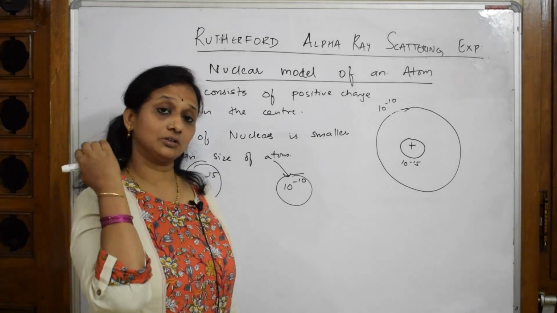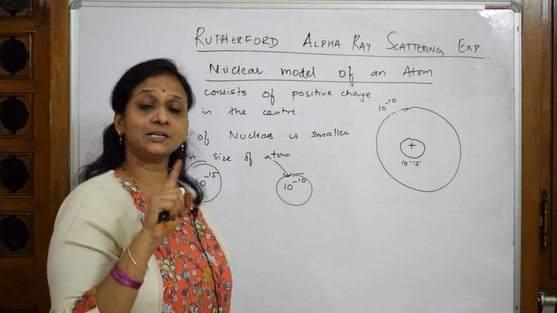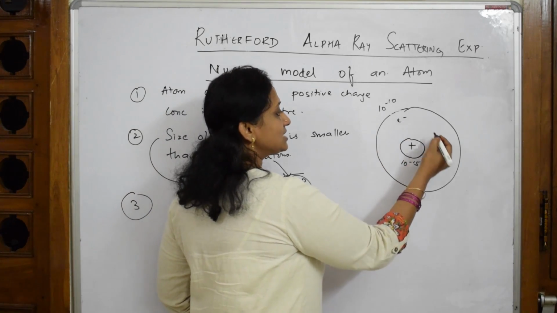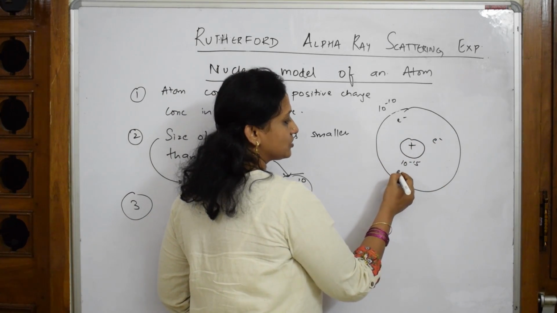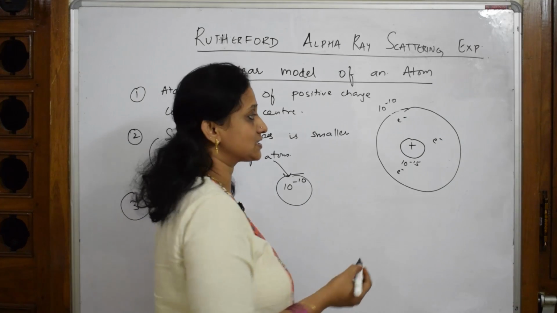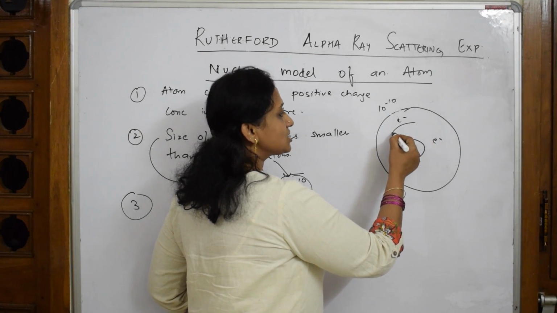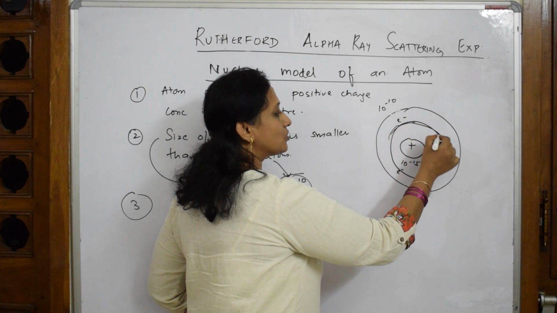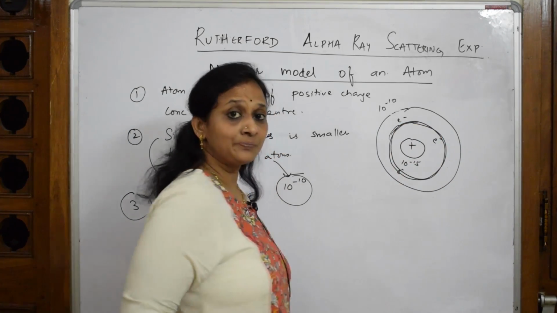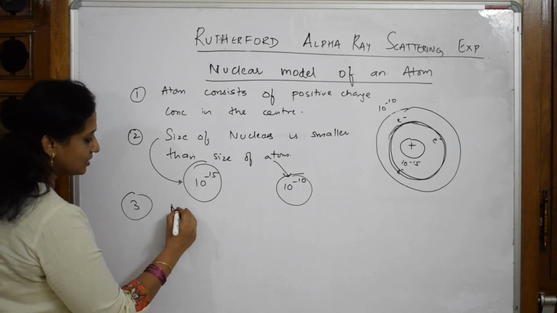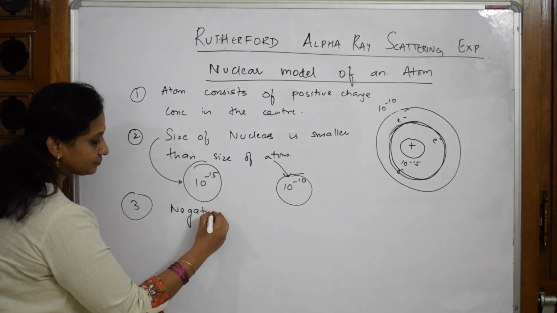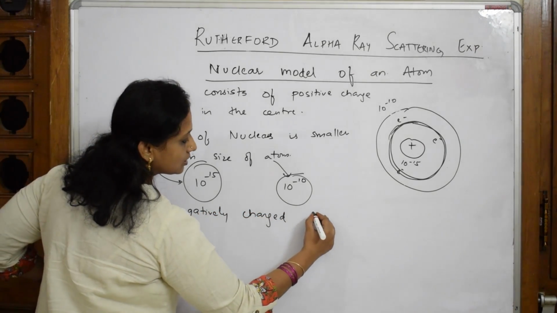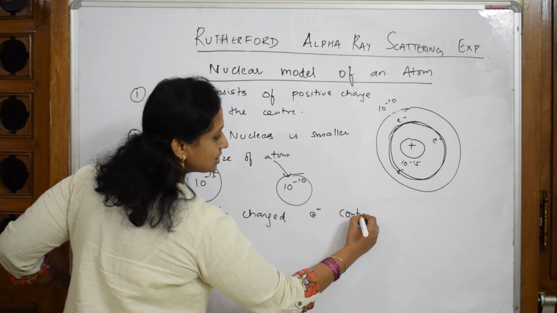But what did Thomson say? He said there is a certain amount of negatively charged electrons. Now this is where the concept of Rutherford comes in. He said the negatively charged electrons continuously move or rotate around the nucleus. So he has used: negatively charged electrons continuously accelerate.